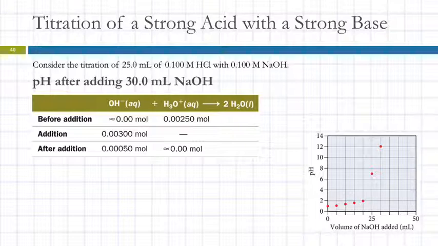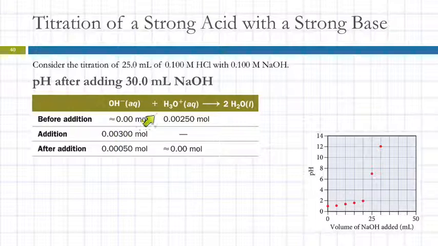Now we keep going, adding 30 milliliters. I didn't feel like writing this out, so I used the thing from the book. So again, the 2.5 millimoles, or 0.00250 moles. Now adding 0.003 moles. We're going to assume that all of this reacts that can react, right?